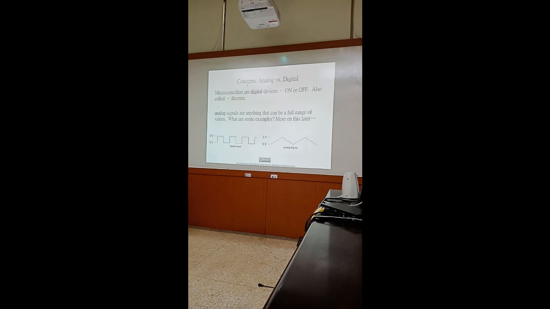And then, based on this, we need to understand the difference between the concepts of analog and digital. Analog means the signal is continuous. For example, here is an analog signal.